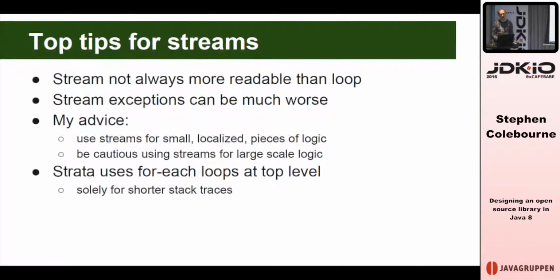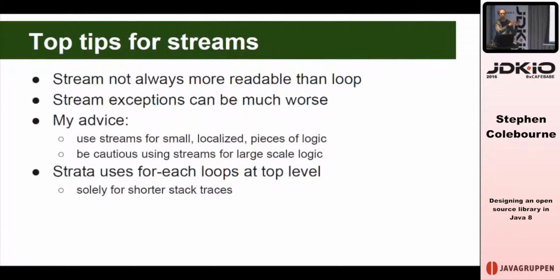What we settled on in Strata is essentially that we use streams for small localized pieces of logic. Where we've got a local collection object, and we just want to do some transformation on it, and it's local and isolated, not calling out to any other big part of the system, that's where we tend to use streams.